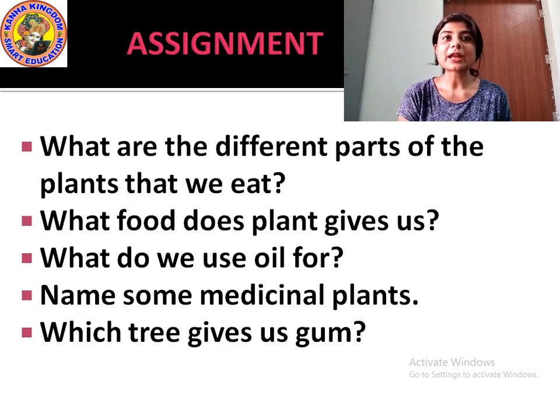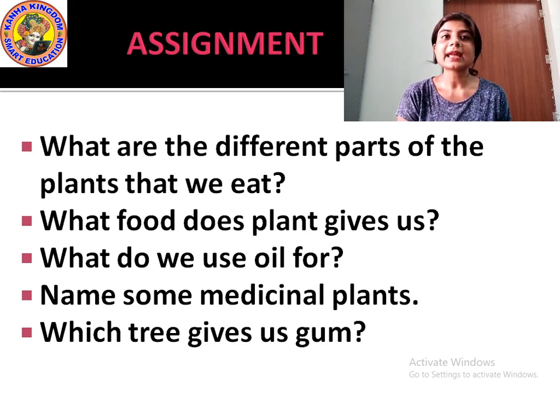Then, what do we use oil for? We use oil for cooking and oiling our hair.